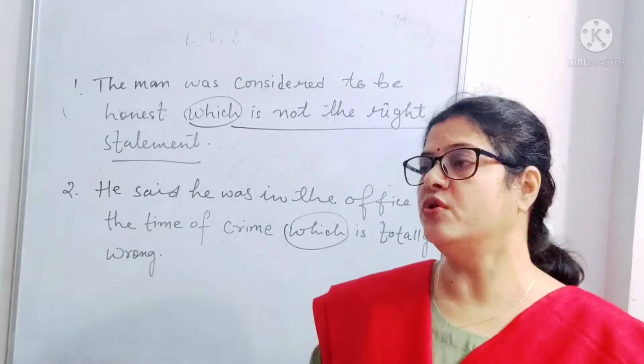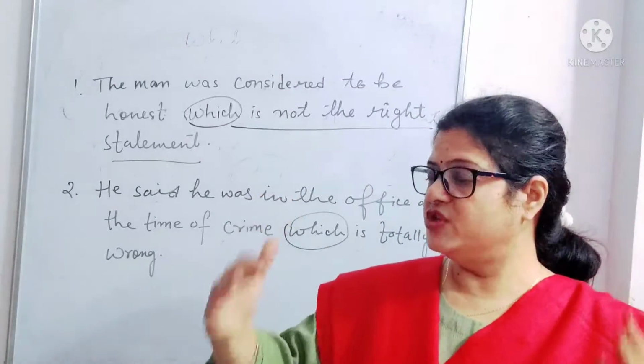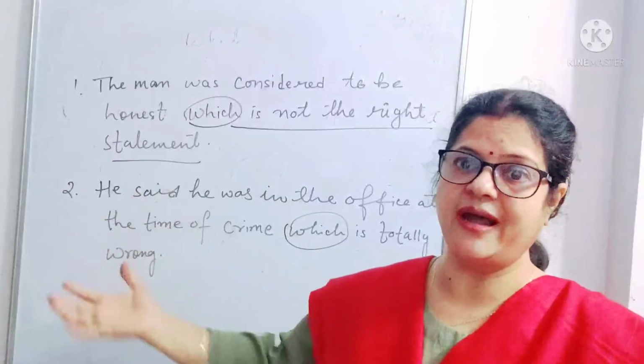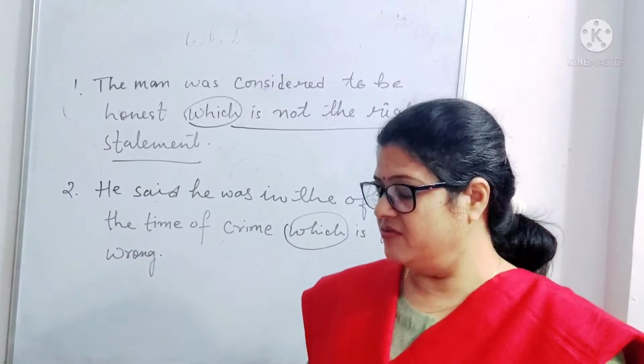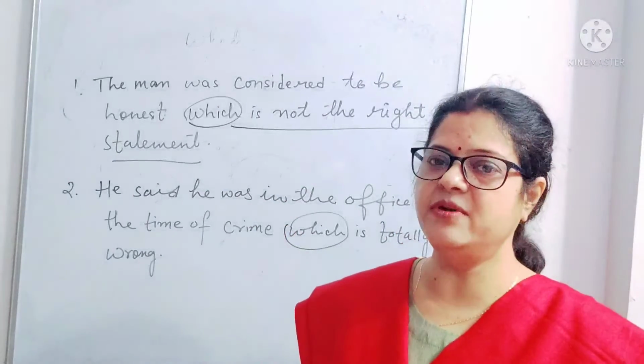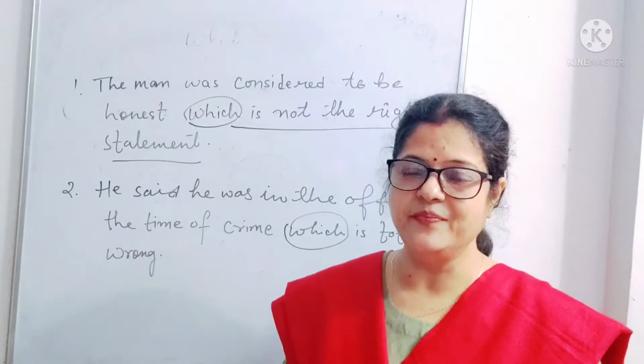Or the question is put like this: which of these players have won the title of this or that? Since we know that which is only used for lifeless objects and animals, why do we use which for players and for men?